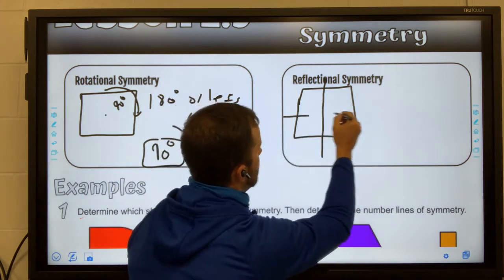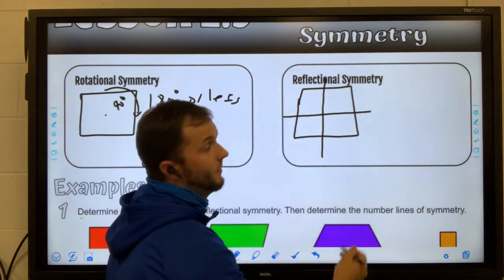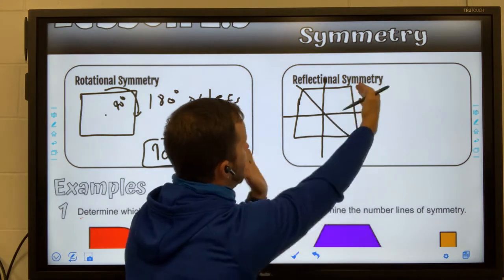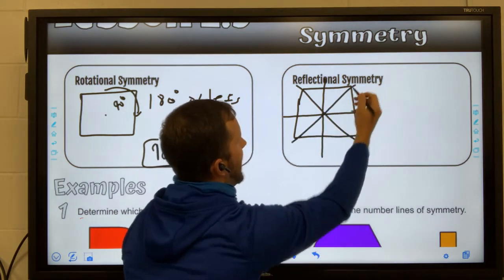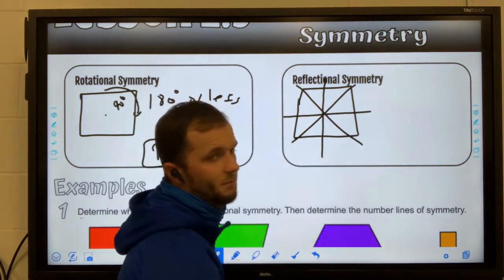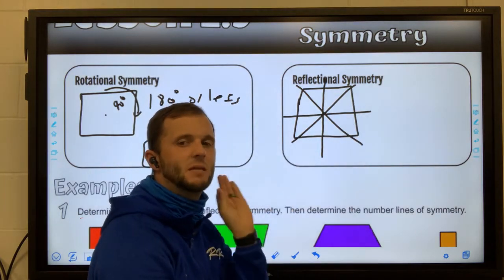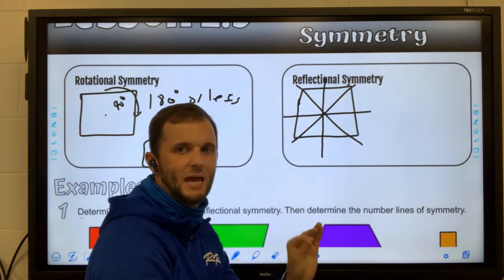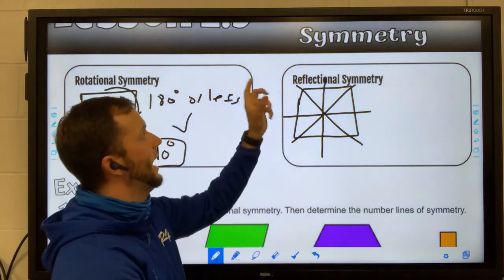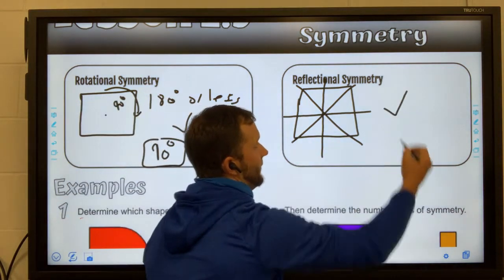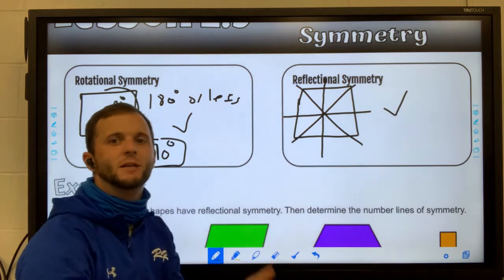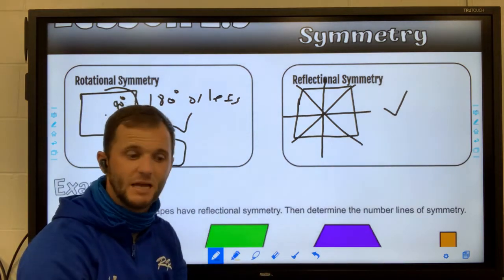If I drew it down the middle this way, those would match up. If I did a diagonal, that would match up. If I did a diagonal again and folded it, it would match up that way. So how many lines of symmetry would it take to match that up? A square has reflectional symmetry because of how many times I could fold it and the two sides match up.